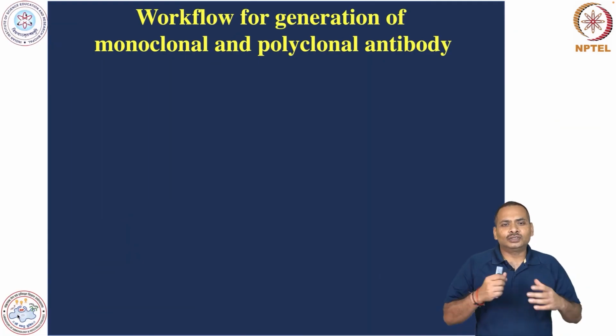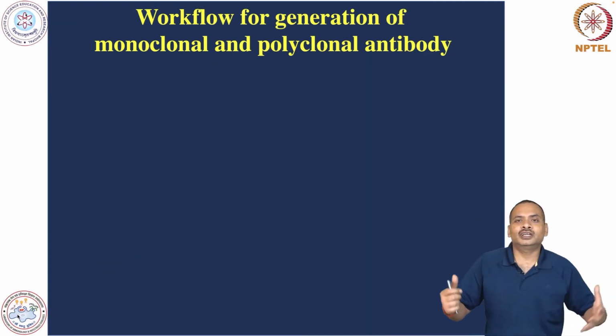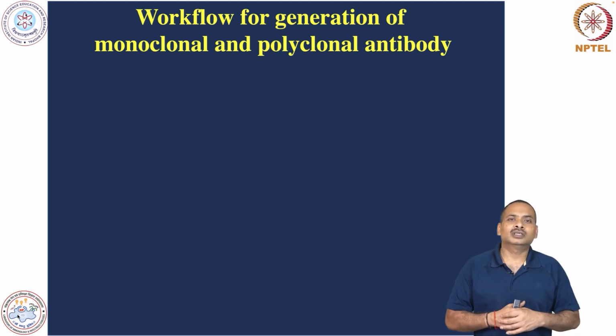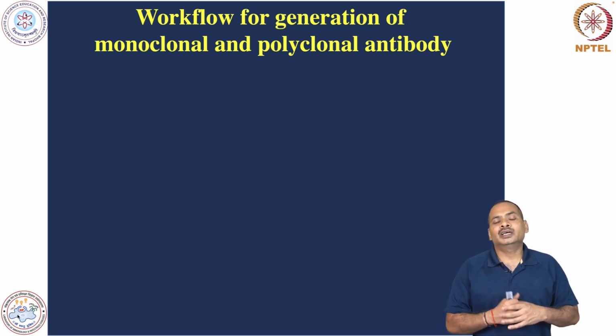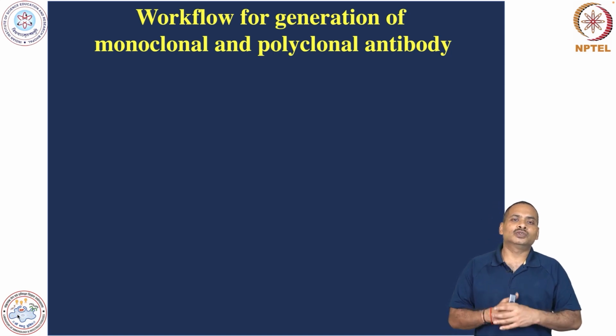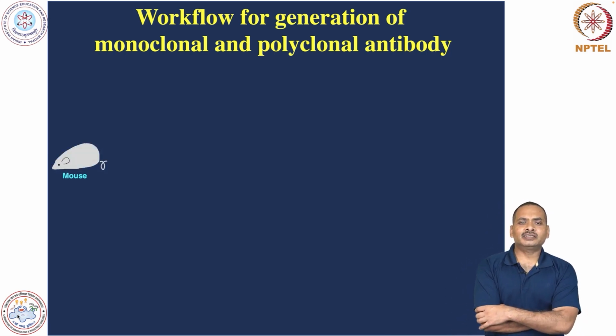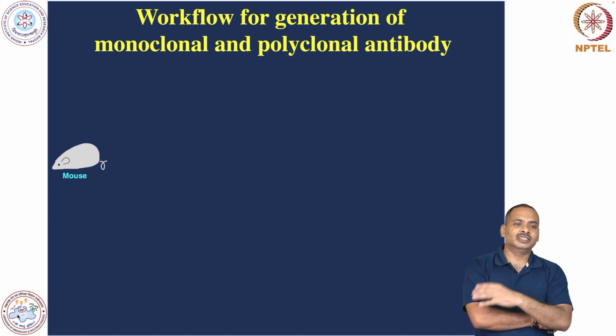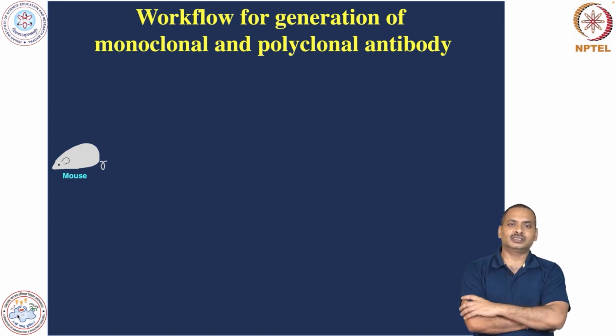Now, you have understood about the antigen and about the epitope, and now I want to show you the workflow for generation of monoclonal antibody or polyclonal antibody. Here there is an experimental animal. I have made it a mouse; you can use a rabbit.